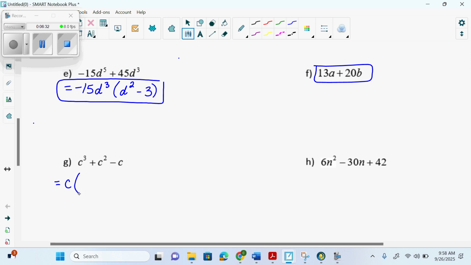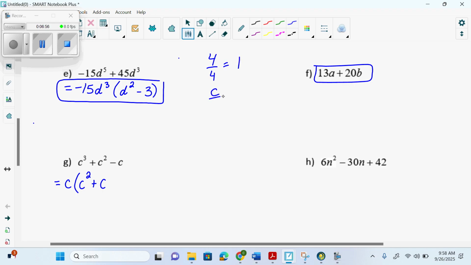Okay? So, c cubed, take out a c, I'm left with c squared. Plus c squared, take out a c, I'm left with c. What is negative c? Everyone paying attention? Owen. What is negative c, take out a c? What is 4 divided by 4? 1.